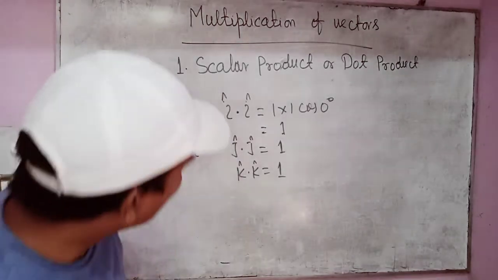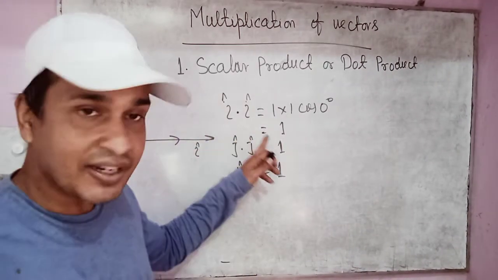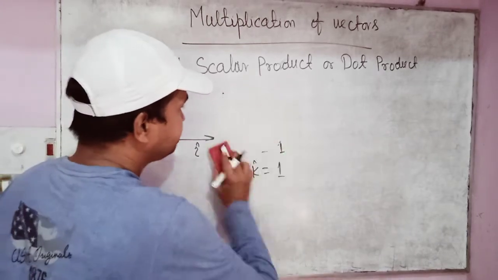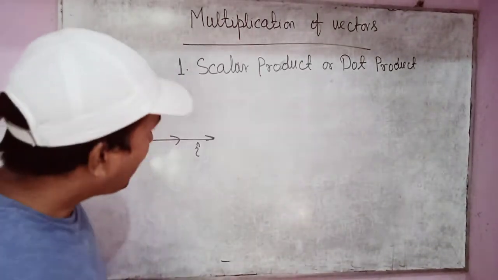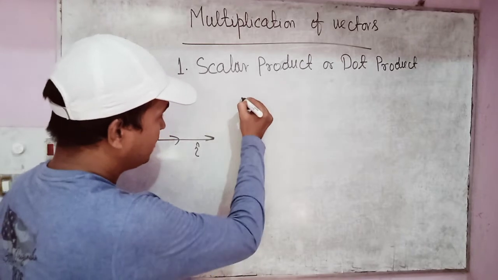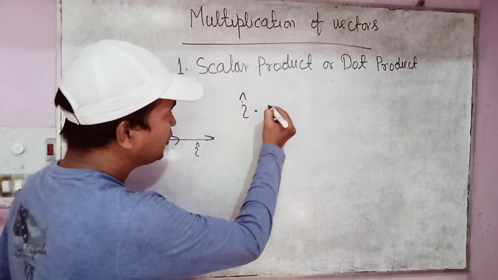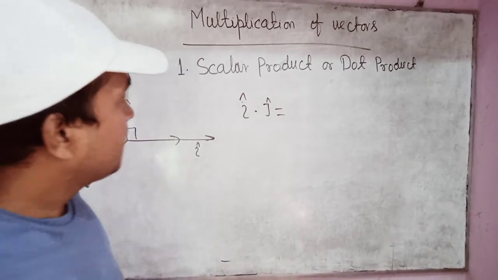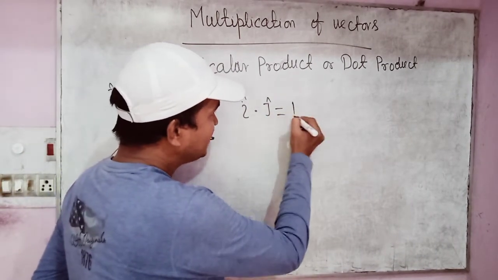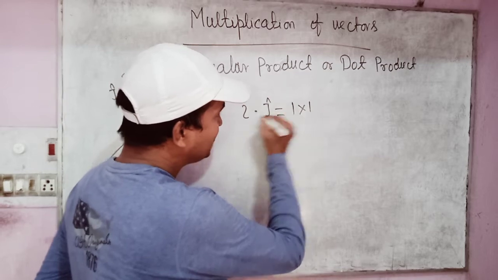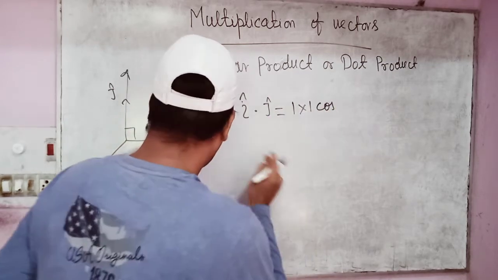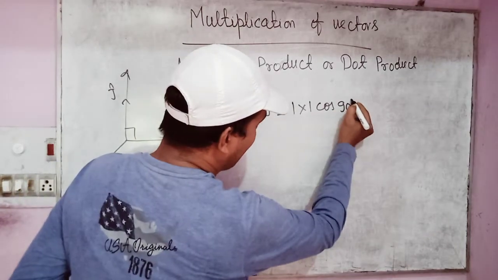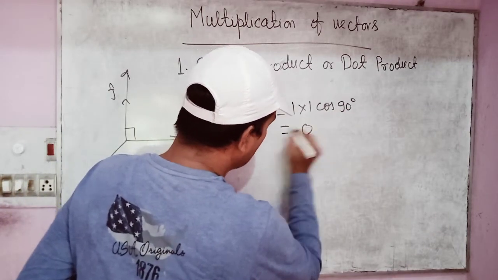Now we will see what the dot product of two unit vectors is when they are different. That is, what is the dot product of i cap dot j cap? i cap has magnitude 1, j cap has magnitude 1, and the angle between i cap and j cap, as I said earlier, is 90 degrees. Cos 90 has value 0, so this is equal to 0.